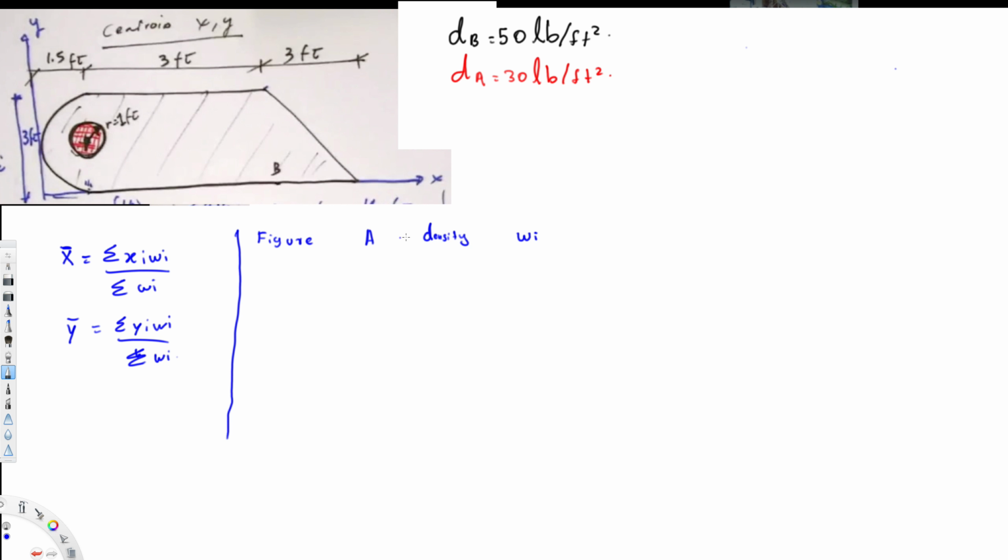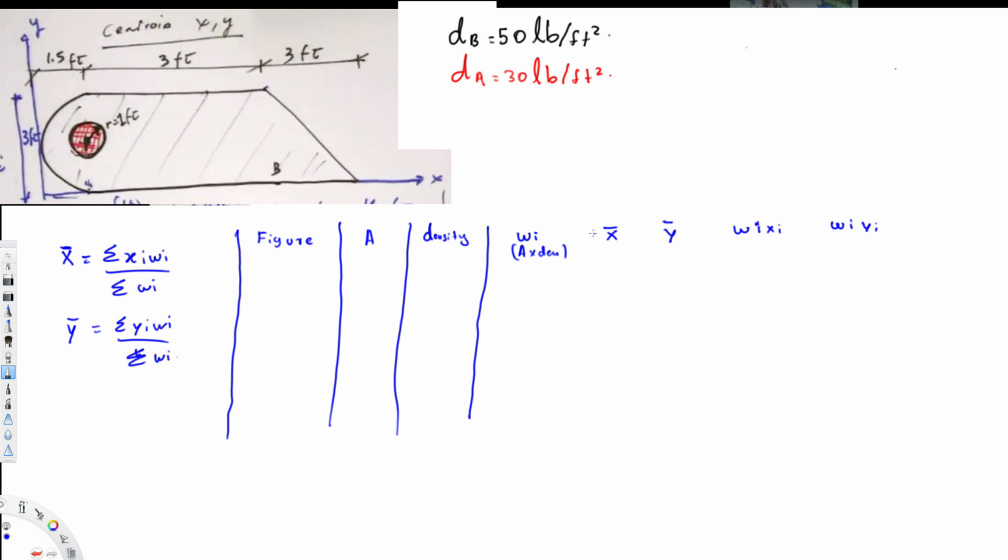Weight is basically the multiplication of the area and the density, so area times density is going to give us the weight. And then we have to calculate the x bar and the y bar, and wi xi and wi yi. These are the things we have to calculate, and that's it.